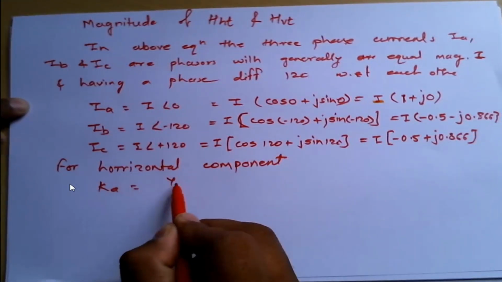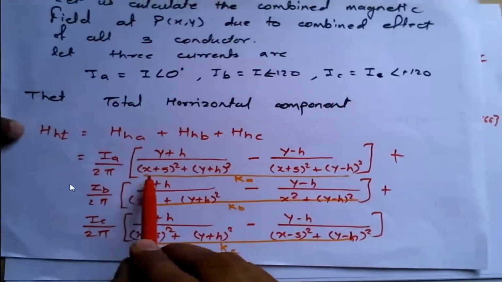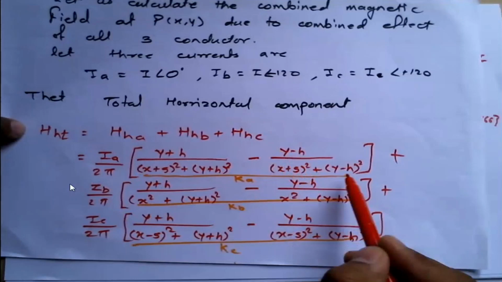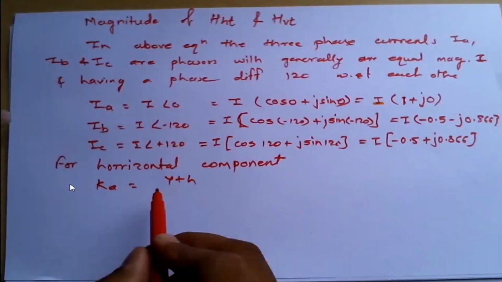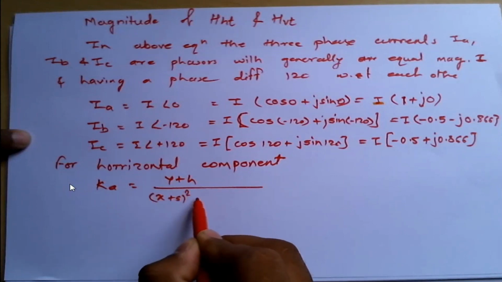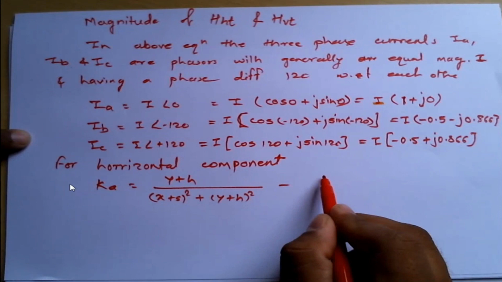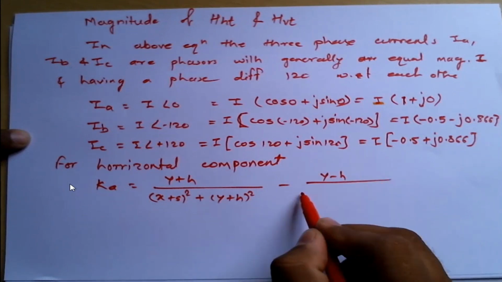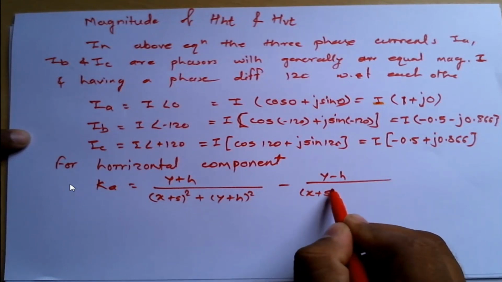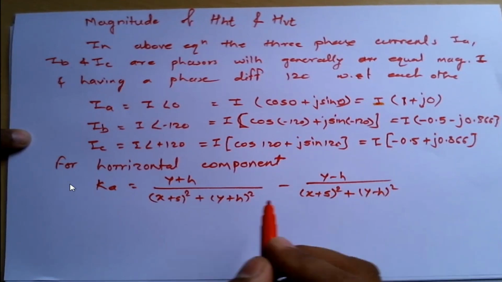K is equal to y plus h upon this term minus y minus h upon this term. So let us write down Ka: (y plus h) divided by (x plus s) whole square plus (y plus h) square, minus (y minus h) divided by (x plus s) square plus (y minus h) square.